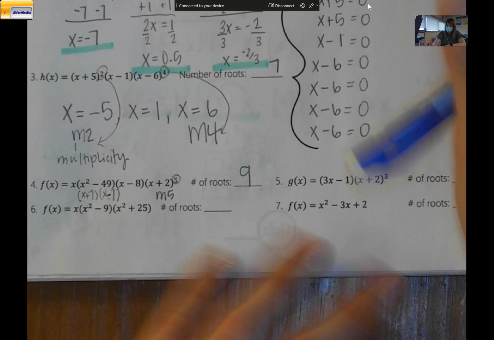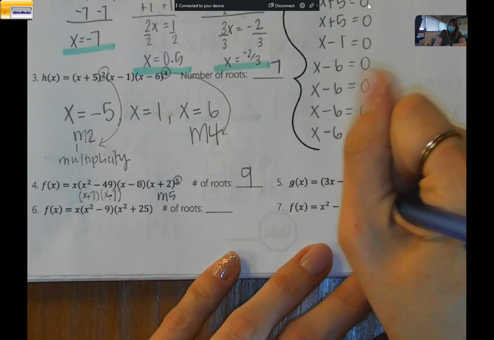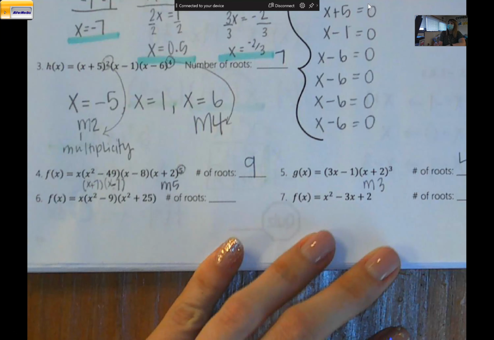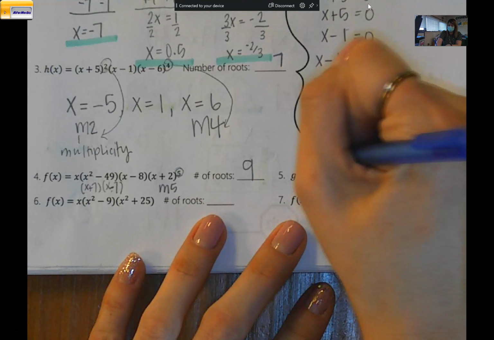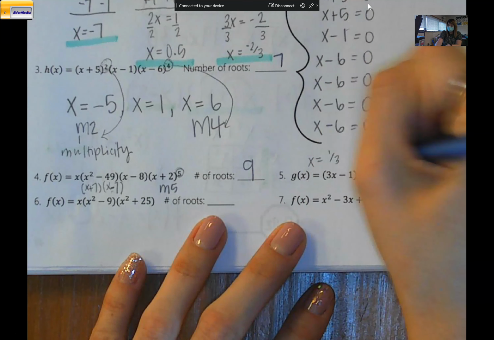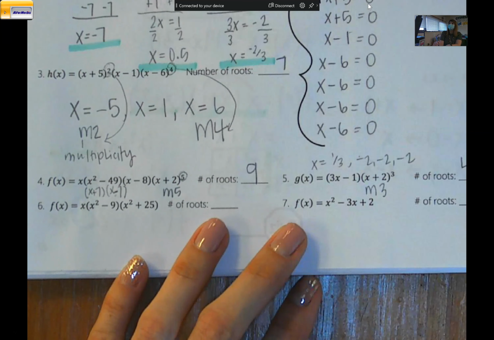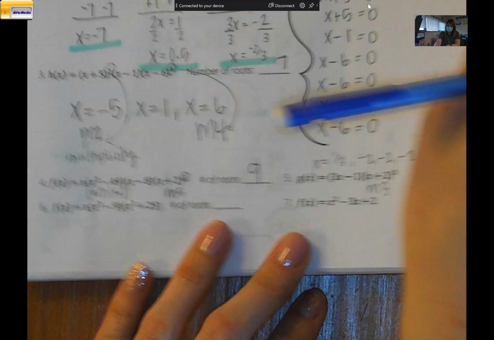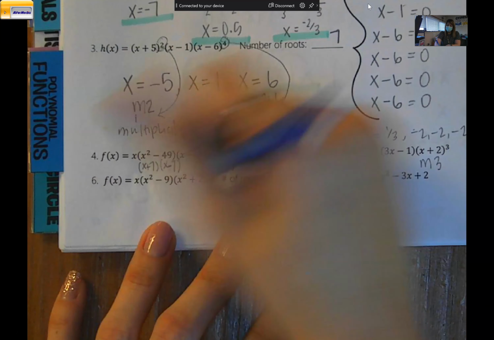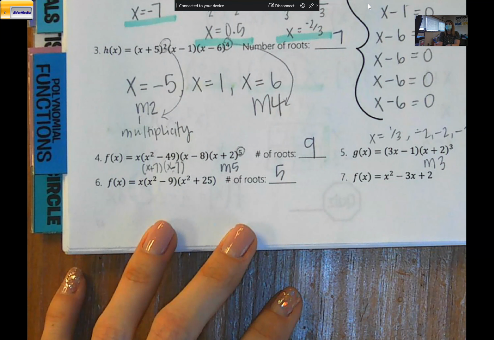Okay, number 5 has 4 roots with a multiplicity 3 on your x plus 2. So your solutions would be 1/3, -2, -2, -2. Number 6, no multiplicities, 5 roots.